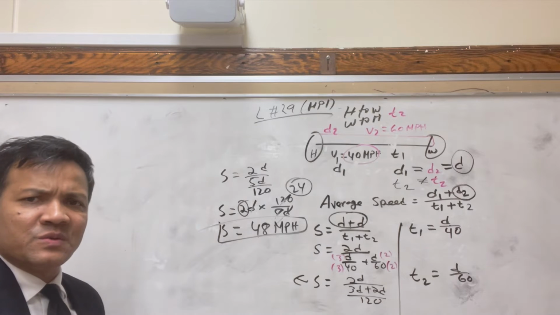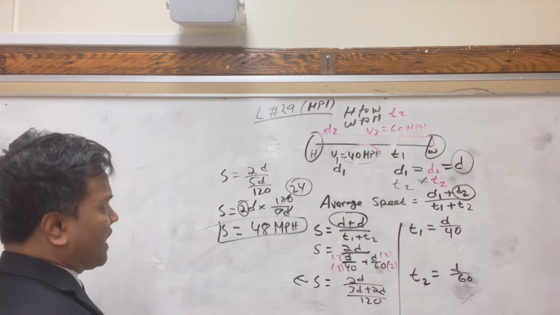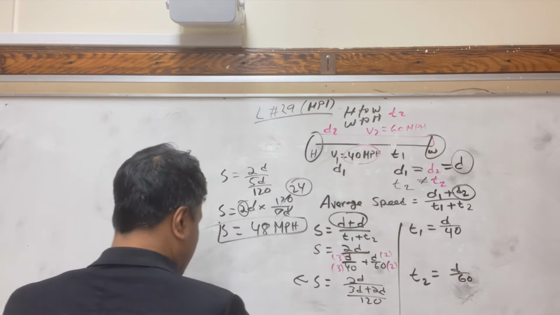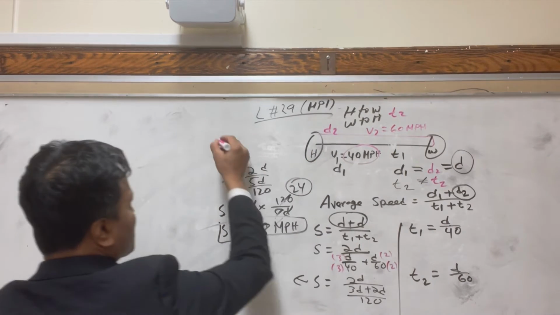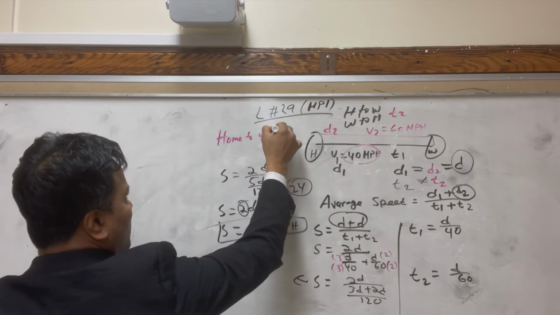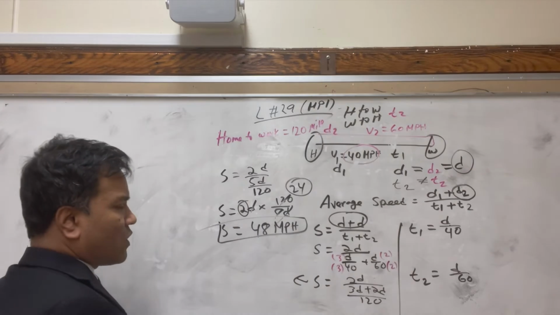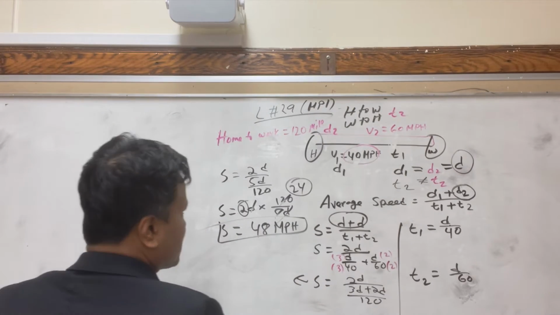Now what are we going to do? We're going to do the distance versus time graph and all those things. Now I'm going to give you the distance. From home to work is 120 miles. If that is so, then work to home must be 120 miles.